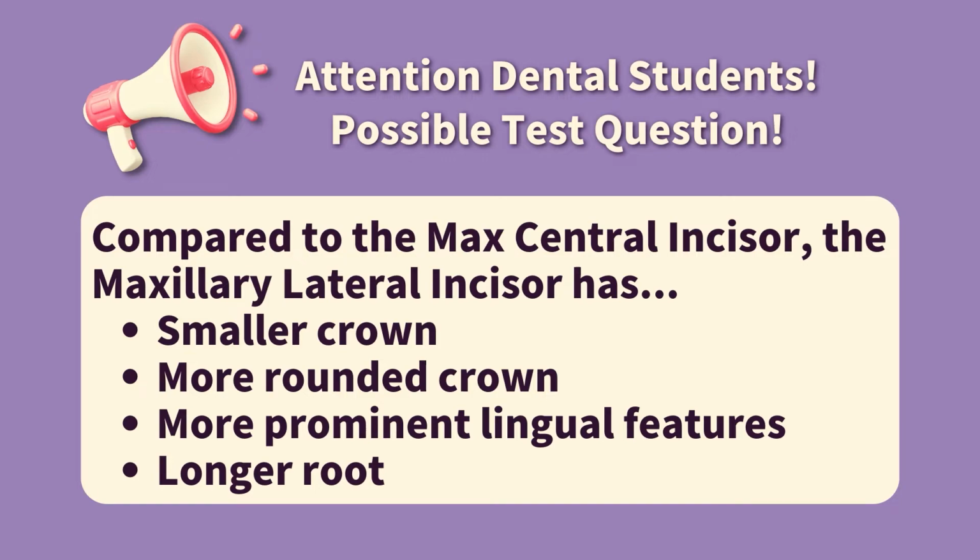Compared to the maxillary central incisor, the maxillary lateral incisor has a smaller crown, a more rounded crown, more prominent lingual features, including the cingulum, marginal ridges, and fossa, and a longer root.